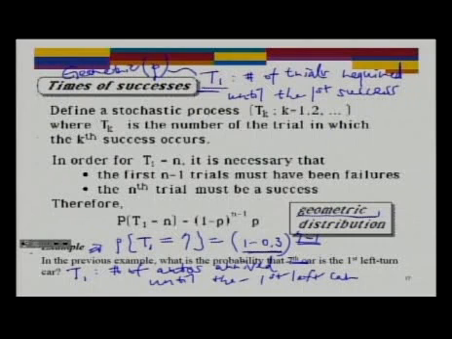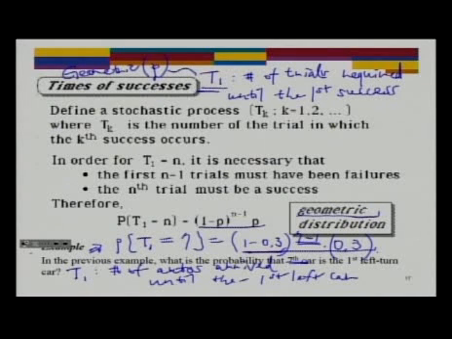But the 7th car will turn left. So the formula should be this, which is identical to this. Does that make sense? Because the first 6 cars won't turn left, and the 7th car will be the first left-turn car. Okay? Make sense?